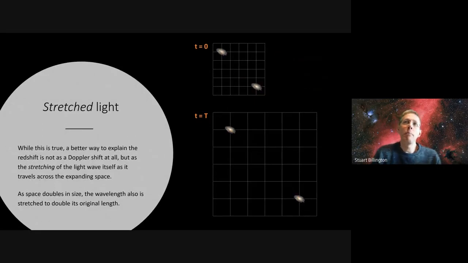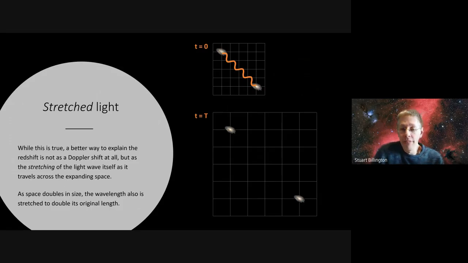Let's think about the light that sets off from one galaxy to the other galaxy. In a static universe, it sets off and arrives exactly the same. But what if the space is stretching while it travels?